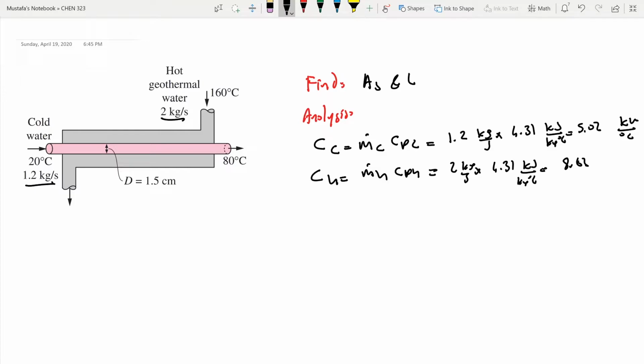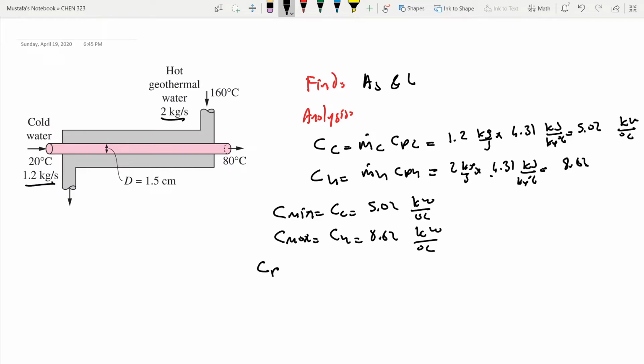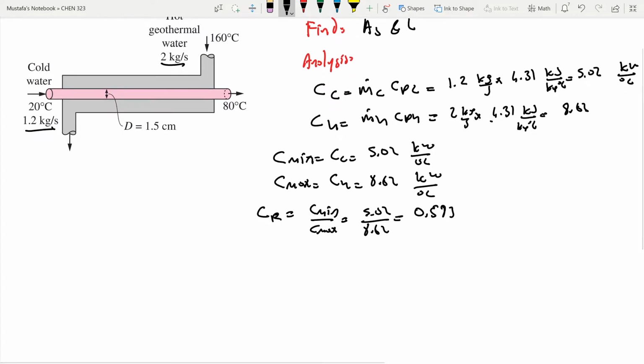Hot, 8.62, is greater than cold, 5.02. So that means C min is C cold, which is 5.02 kilowatt per Celsius, and C max is C hot, 8.62 kilowatt per Celsius. The capacity ratio CR is C min over C max, which is 5.02 divided by 8.62, or 0.583.